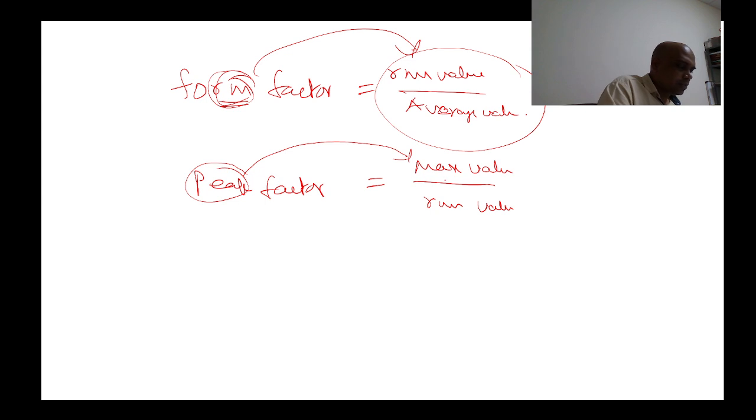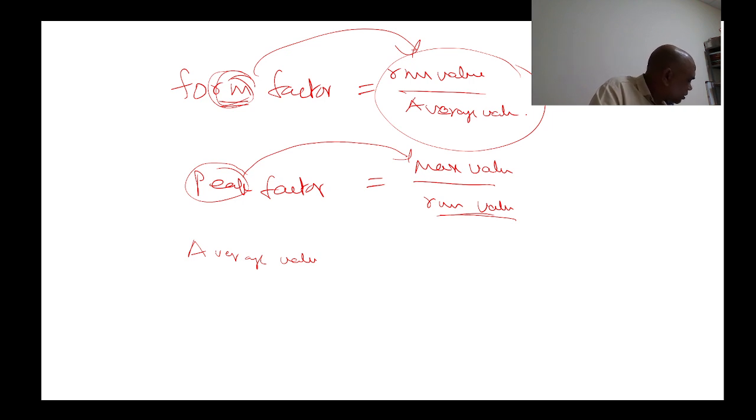In both definitions you have RMS value, so automatically the denominator is RMS value. And the other thing is the average value. We already found the average and RMS values of a sine wave.